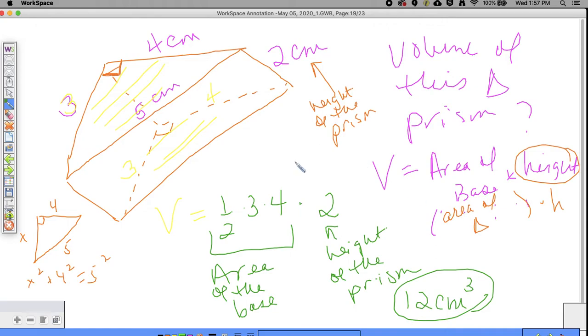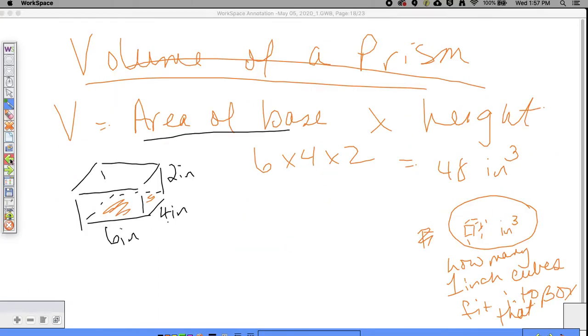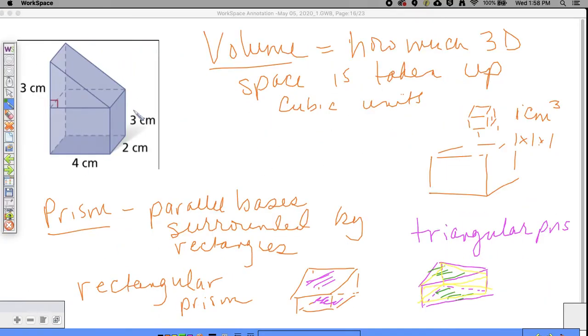So that literally means that if I have 1 centimeter by 1 centimeter by 1 centimeter, 1 cubic centimeter, right? I can fit 12 of these little cubes into this space right over here, this 3-dimensional space, because that's what volume is, okay? So now I want to actually get the volume of this prism.